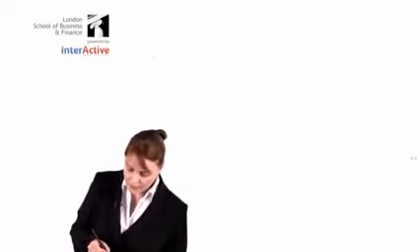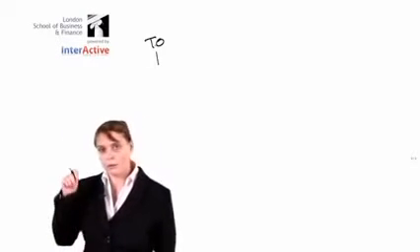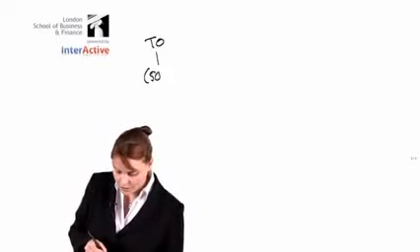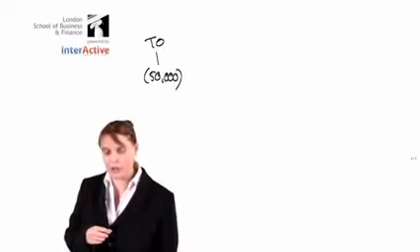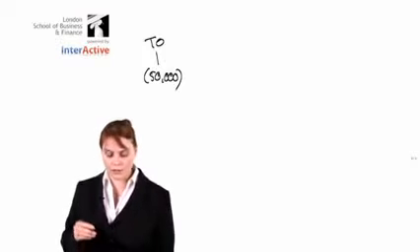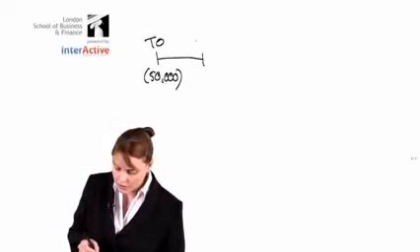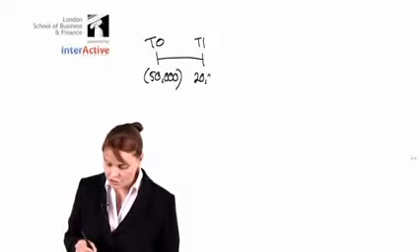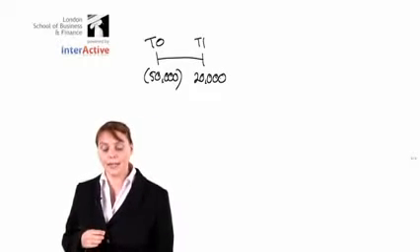So we have T0, the present moment in time. We're told we're going to spend, so we'll have a cash outflow of 50,000. At the end of 1 year, so T1, we're going to have a cash inflow of 20,000.